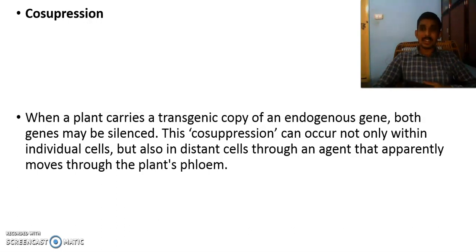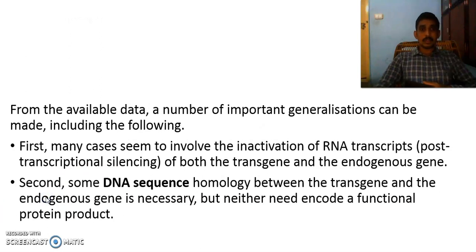Its result is not so simple. So we can try to find out what are the possibilities of suppression that occur in case of co-suppression. There are different categories of explanation for this co-suppression.